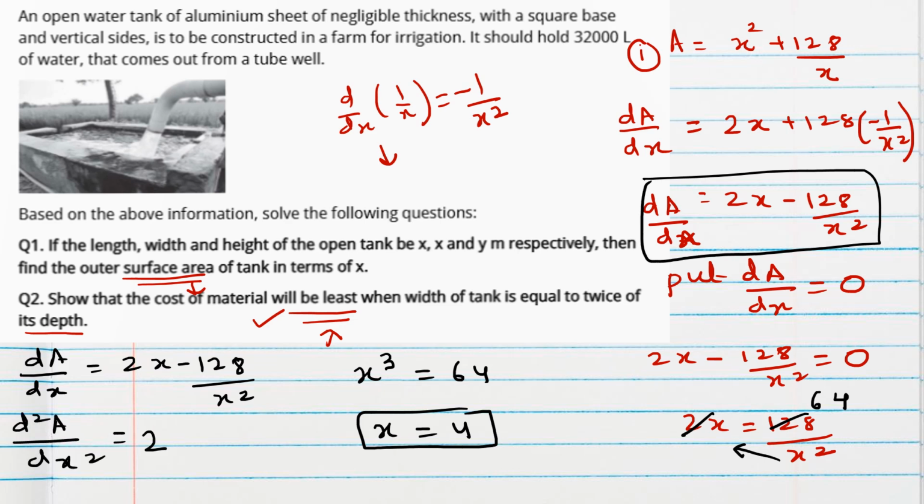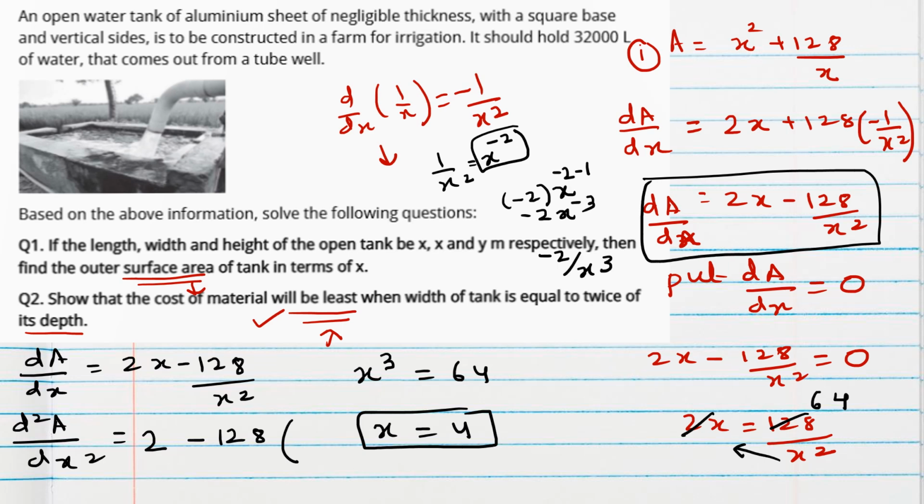So 2x derivative 2, minus 128 we will write as it is. Now 1 by x square derivative, we can write as x power minus 2. Then power rule of derivative we can apply, which will be minus 2, and 1 less in power means minus 2 minus 1, which will be x power minus 3, that is minus 2 by x cube.